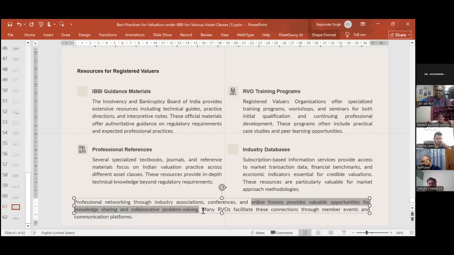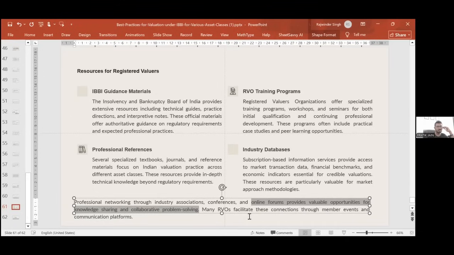This provides you a valuable opportunity for knowledge sharing and collaborative problem solving. That is why you are attending. It is not only that you are attending it from a regulatory point of view. So many RVOs facilitate these connections through member events and communication platforms.